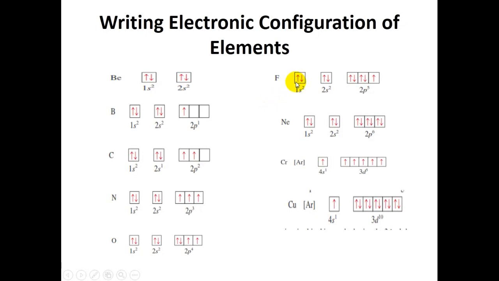Lakini pia ukija kwa mfano fluorine ana atomic number ya 9. Kama ni atomic number ya 9 kuna 1s2, tunasema s orbital na electron 2 kwa sababu ina orbital moja. Akajaza ya kwanza ikajaa, kwenye 9 zimebakia ngapi? 7. Lakini inayofuata ni 2s orbital akajaza, anafuata zile sheria, zikabakia ngapi? Kwenye 7 zimebakia 5.